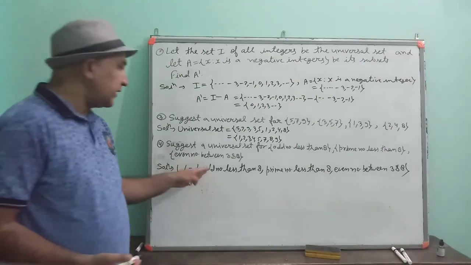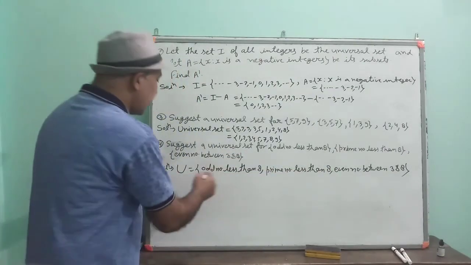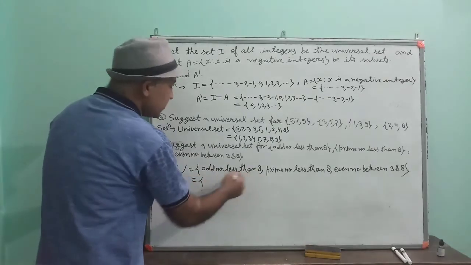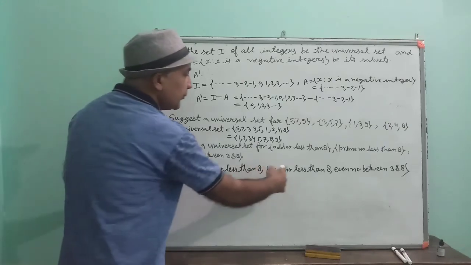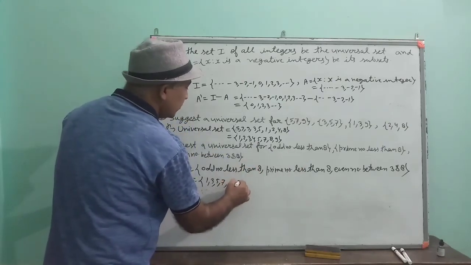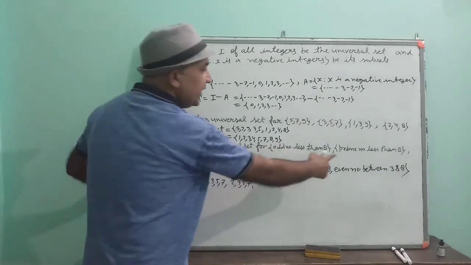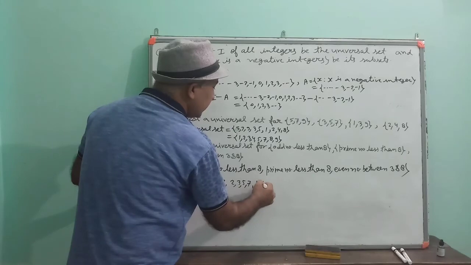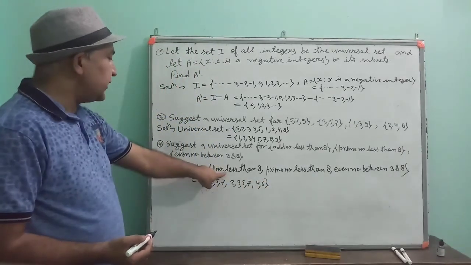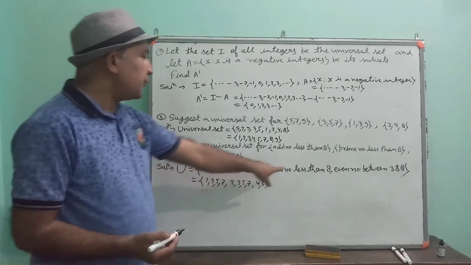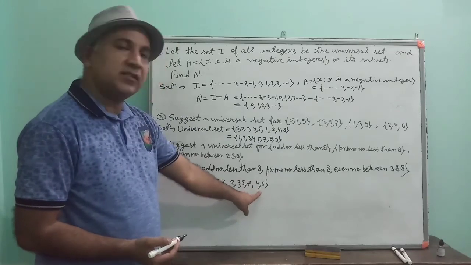The universal set is the collection of all the elements of the given sets. Now write down the elements. Odd numbers less than 8: 1, 3, 5 and 7. Prime numbers less than 8: 2, 3, 5 and 7. These are the prime numbers. Even numbers between 3 and 8: that is 4 and 6 only. Understood?